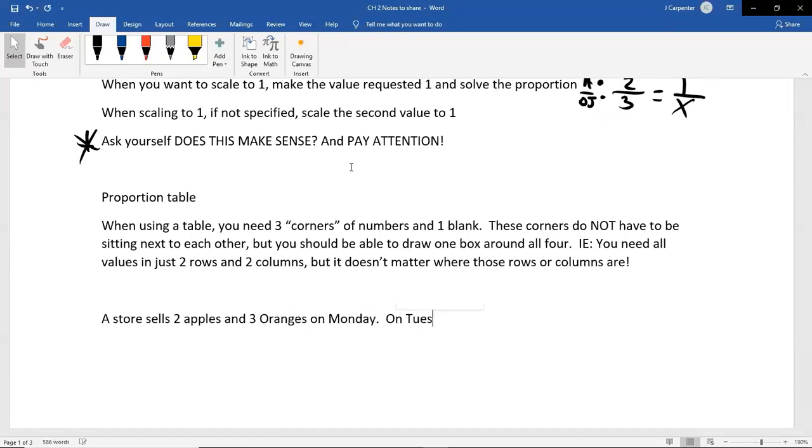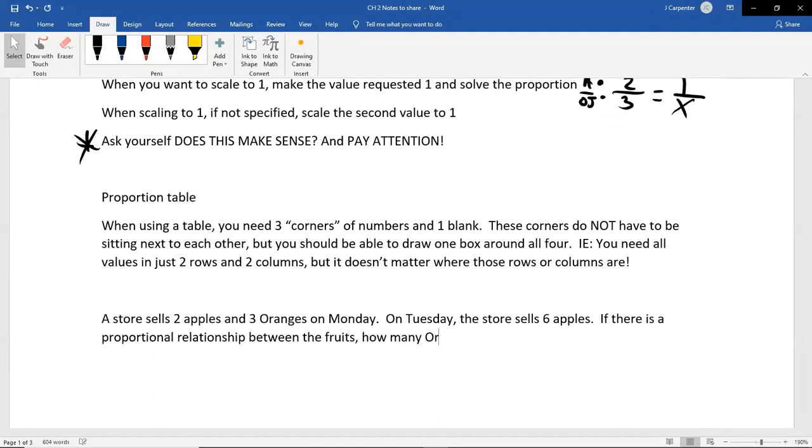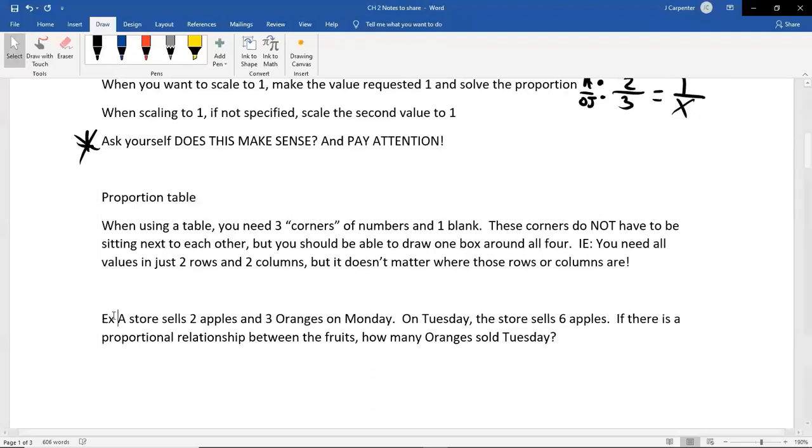On Tuesday, the store sells 6 apples. If there is a proportional relationship in the fruits, how many oranges sold Tuesday? This is the type of example you can see with this.